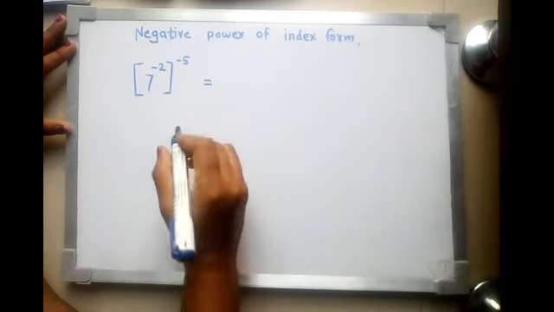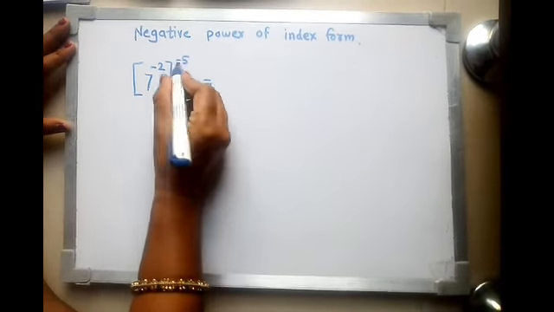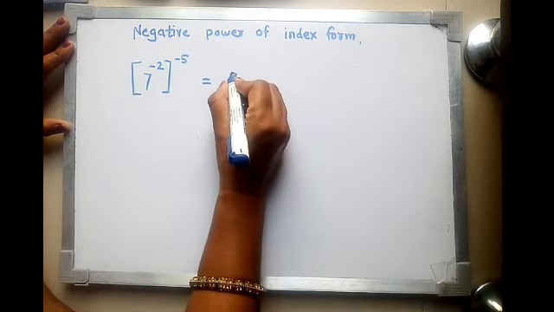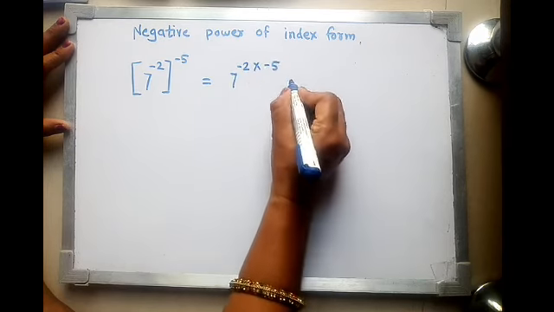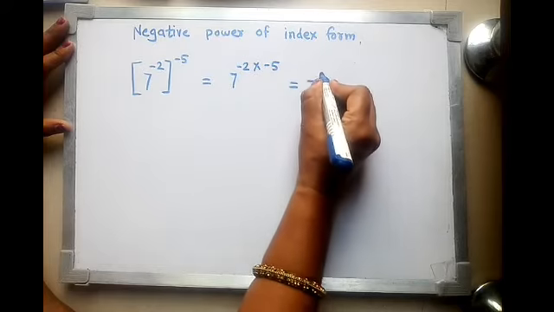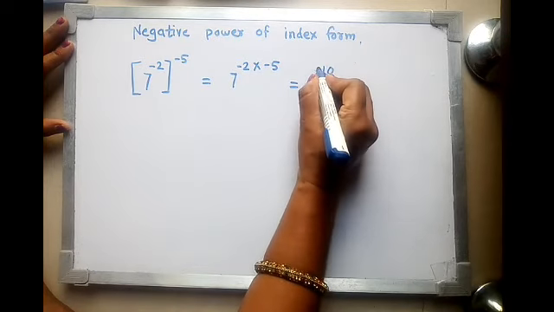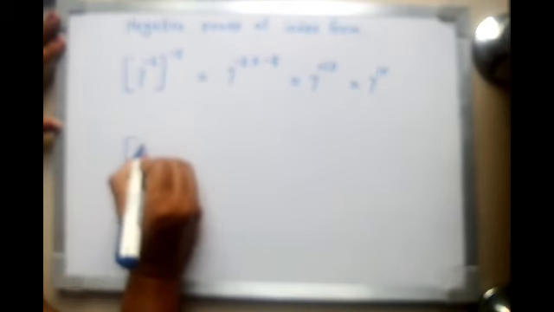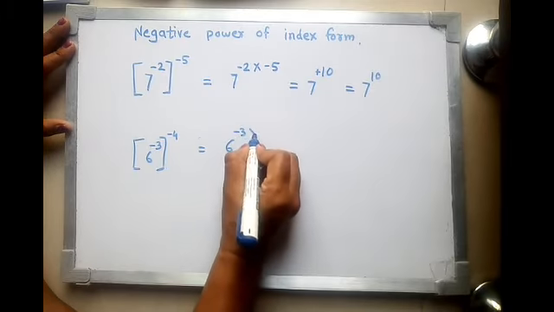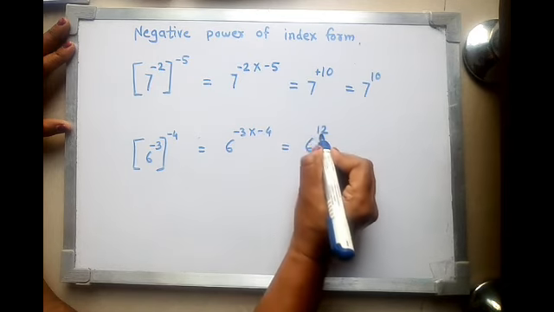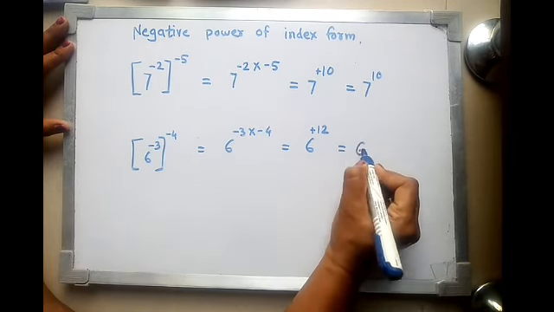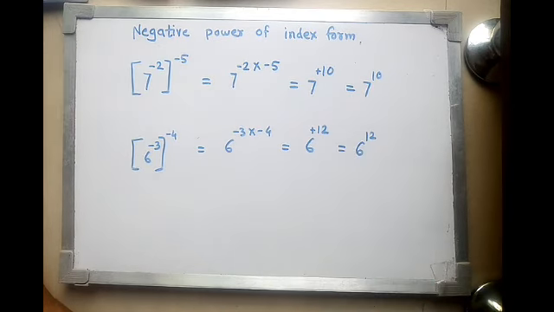Negative power of index form. (7 raised to minus 2) raised to minus 5 is 7 raised to minus 2 into minus 5, which is 7 raised to plus 10, that is 7 raised to 10. (6 raised to minus 3) raised to minus 4 is 6 raised to minus 3 into minus 4, which is 6 raised to plus 12, that is 6 raised to 12.